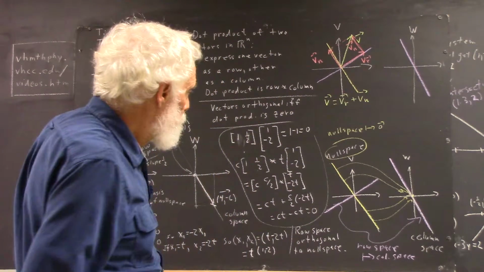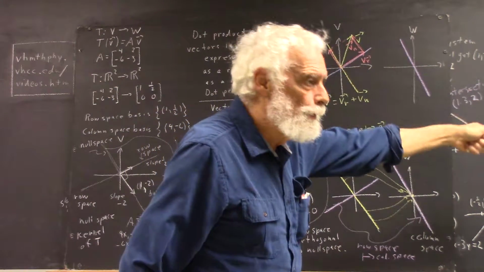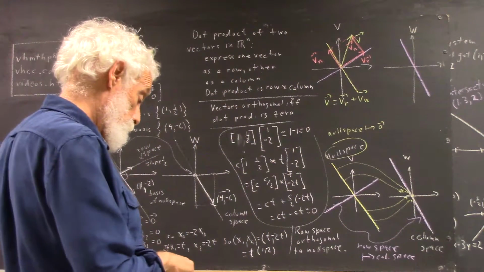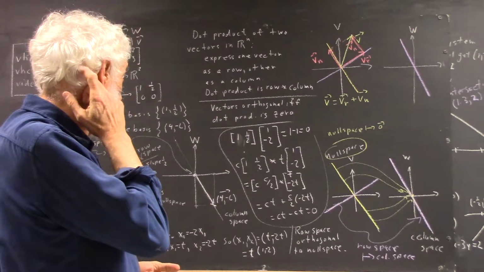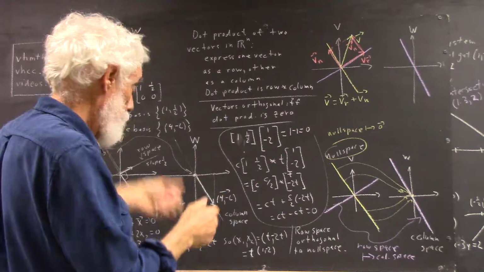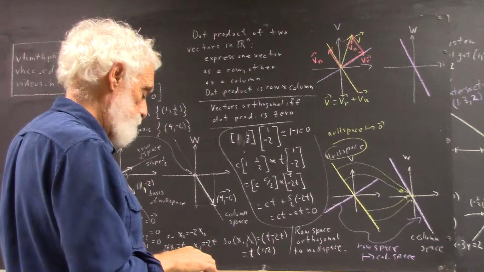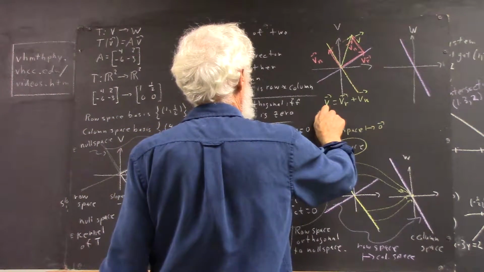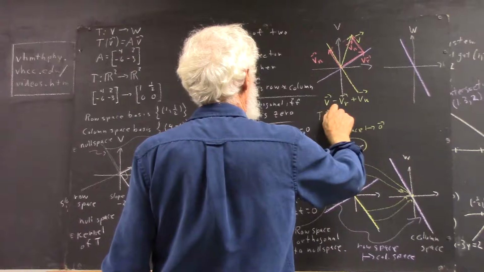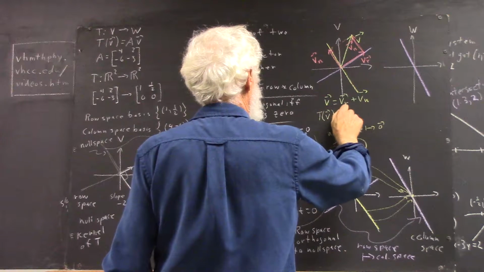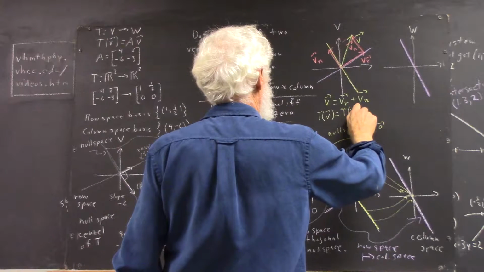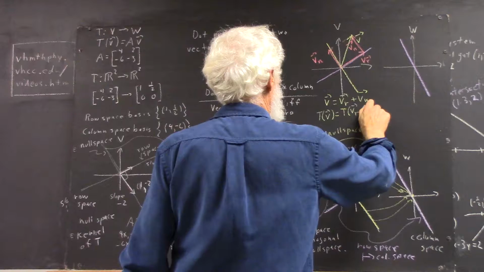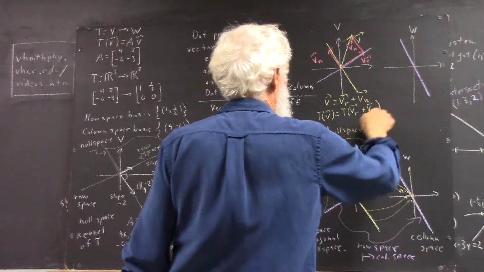Okay. Now the question still is, but where does this vector end up over here? How do we know it ends up in the column space, other than what we already know? It's actually quite simple. T of V equals T of VR plus Vn, right?